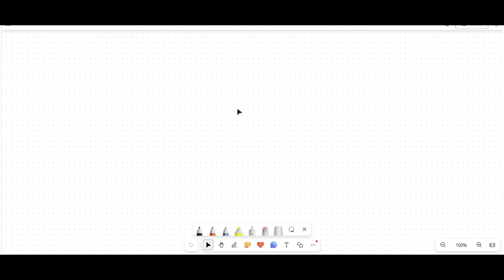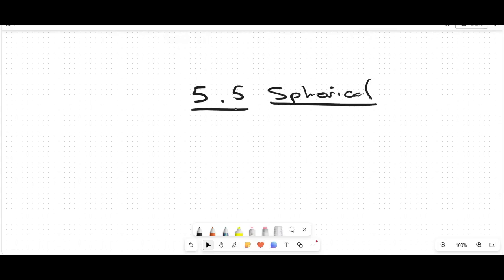One second. Get 5.5. This is continued, but I'm gonna put spherical now. Spherical, dot dot dot. But it does. It blows my mind.